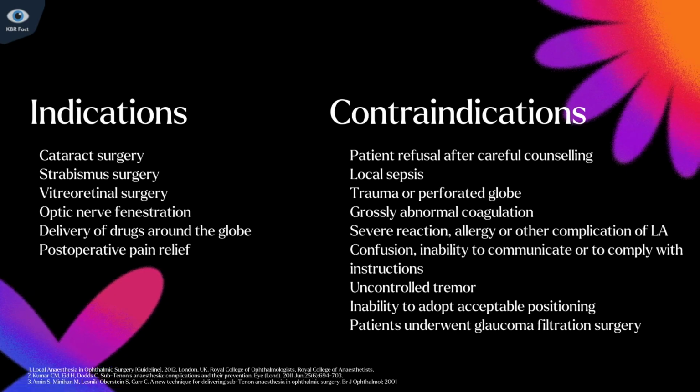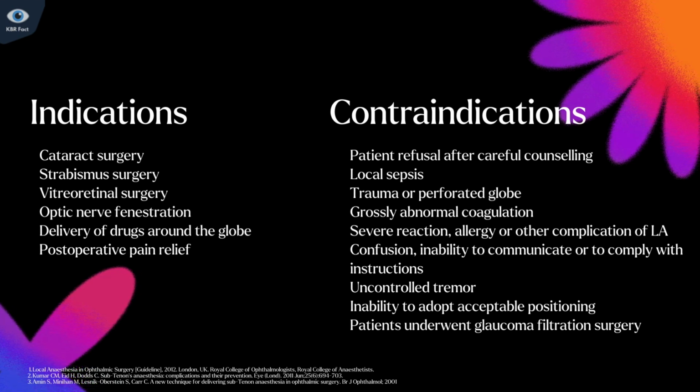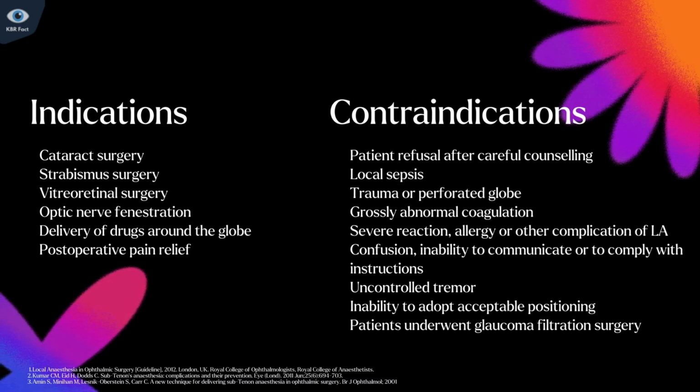The contraindications are patients that refuse after careful counseling, local sepsis, trauma or perforated globe, grossly abnormal coagulation, severe reaction, allergy or other complications of local anesthesia, confusion, inability to communicate or to comply with instructions, uncontrolled tremor, inability to adopt acceptable positioning, and patients that underwent glaucoma filtration surgery.